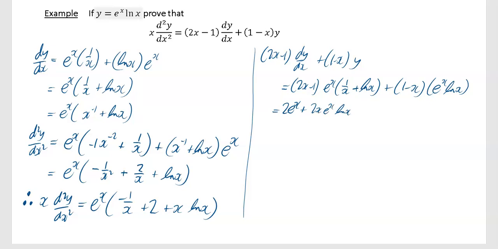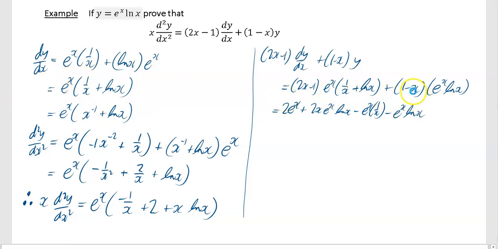Then I've got minus 1 times e to the x times the 1 over x. So that's going to be minus e to the x times 1 over x. And then I've got minus 1 times e to the x times ln x. So that's minus e to the x ln x.